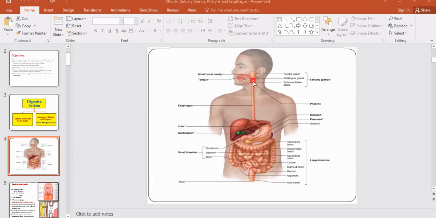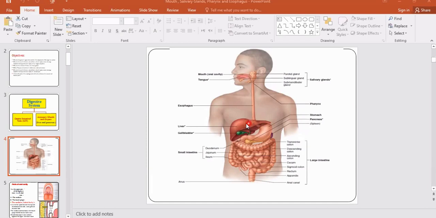Then it goes behind this area, which is your pharynx. Then this long muscular digestive tube transmits the chewed food from the oral cavity to the stomach. After the stomach we have the small intestine, then the large intestine, which has different parts, and then the rectum and anal canal.